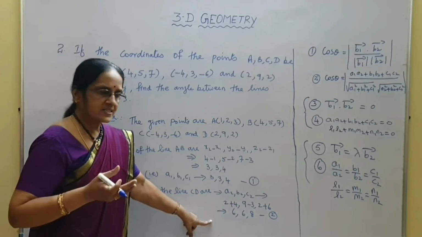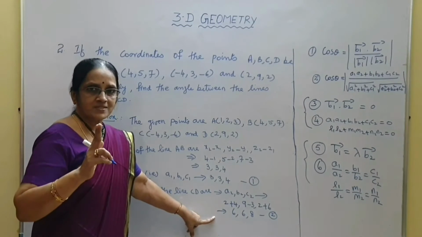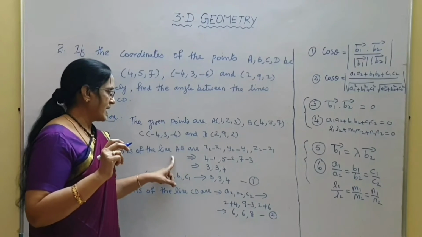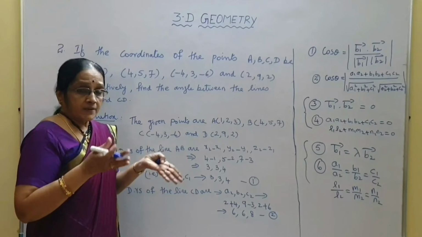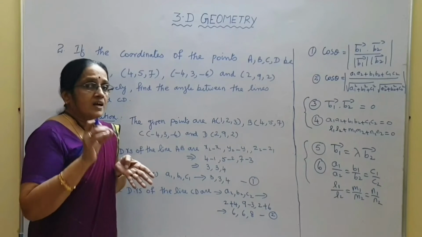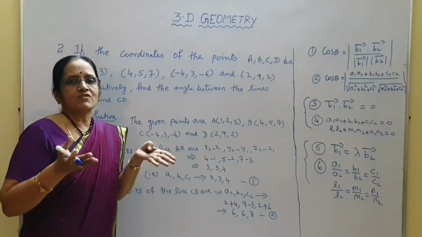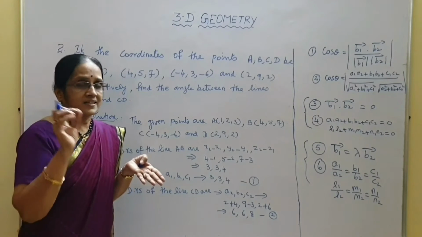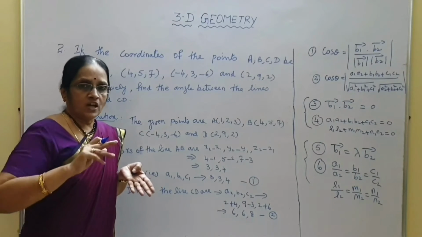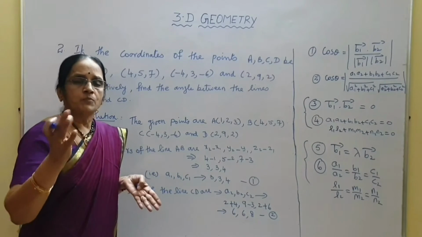Or in other words, the DRs of the line CD are 2 times the DRs of the line AB. That means the DRs are proportional. When the DRs are proportional, you know the condition, the lines will have to be parallel. That is a condition for parallelism. We always say the two lines are parallel when the DRs are proportional.